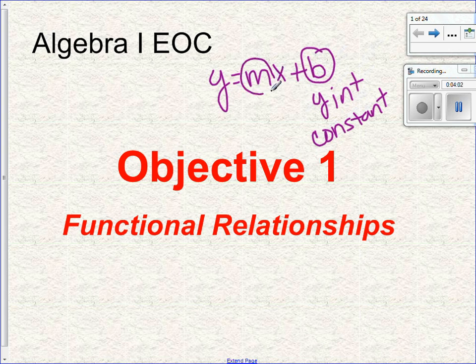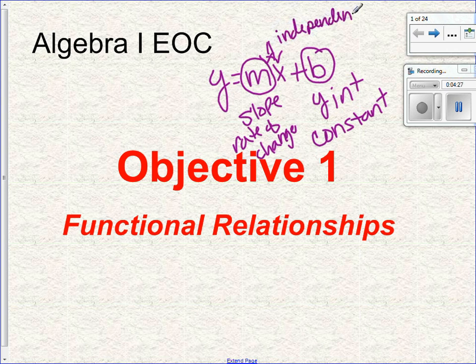What does the m represent? This is your slope, or your rate of change. Do I need to know what x is? What is x? It's a variable. What type of variable? Starts with an I. Independent. So we're going to be talking about independent, dependent.